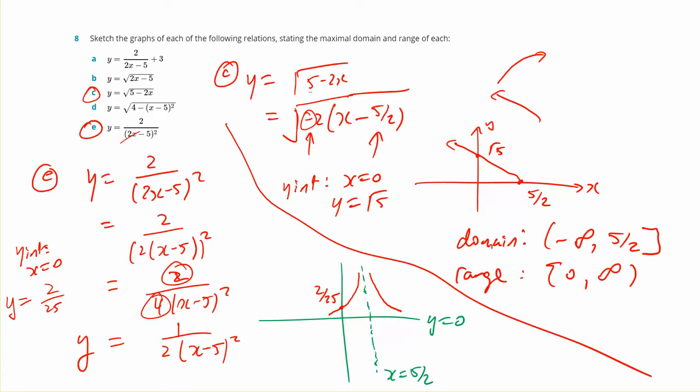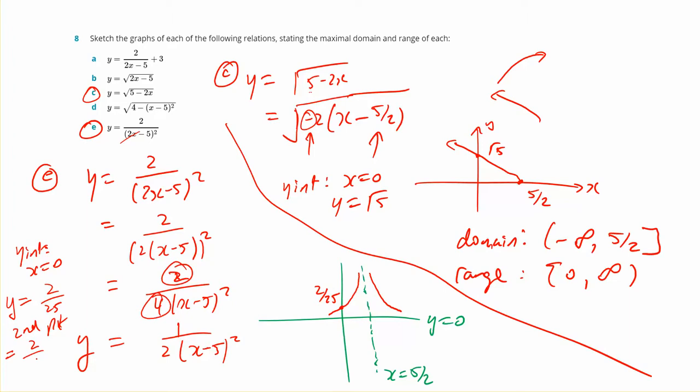Okay, so if you want to be pedantic and find the second point, and you should find a second point, when x equals, say, 1, then you've got 2 minus 5, which is negative 3.